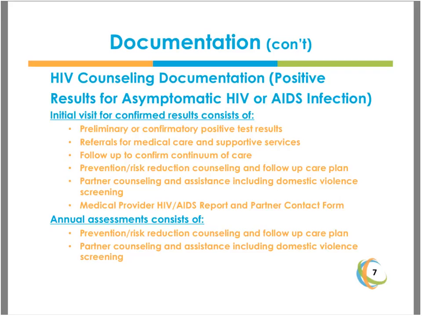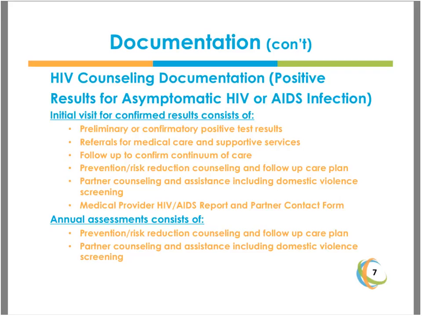So that entails any of the additional services or care pertinent to the patient's treatment plan, preventative or risk reduction counseling, including follow-up care, partner counseling and assistance, including domestic violence, and also the medical provider HIV or AIDS report and partner contact form. All of this information should be documented in the health record.